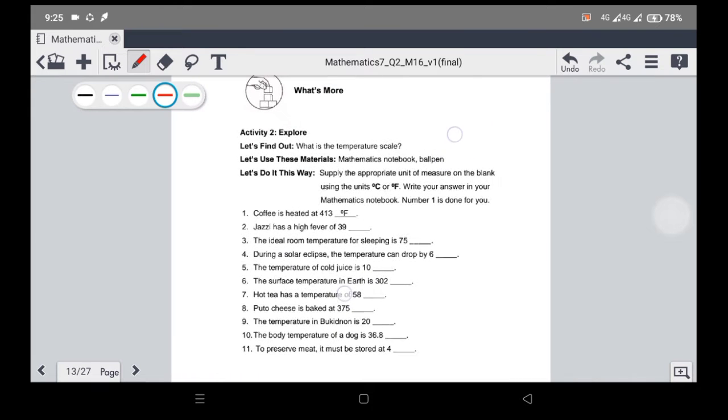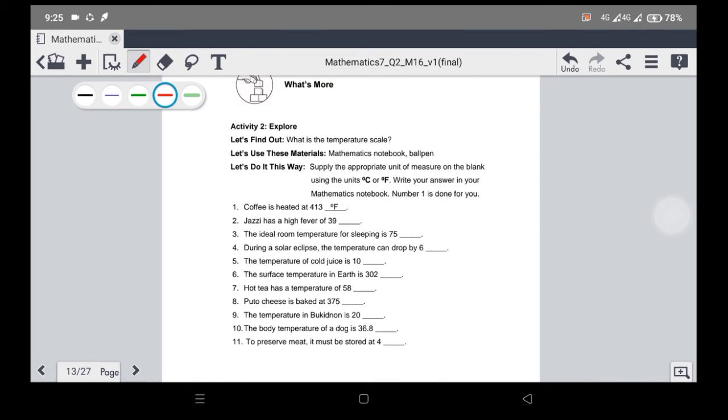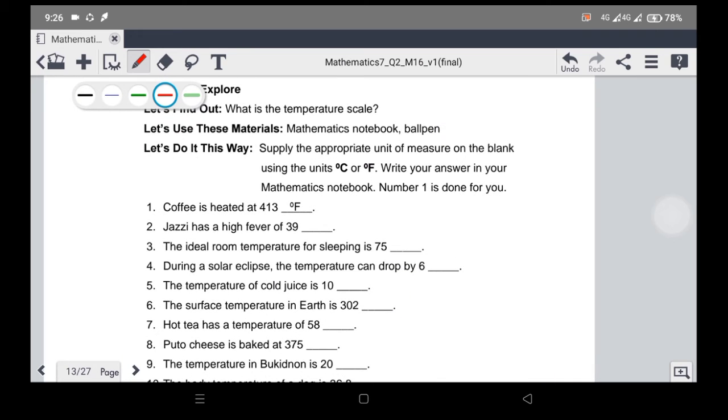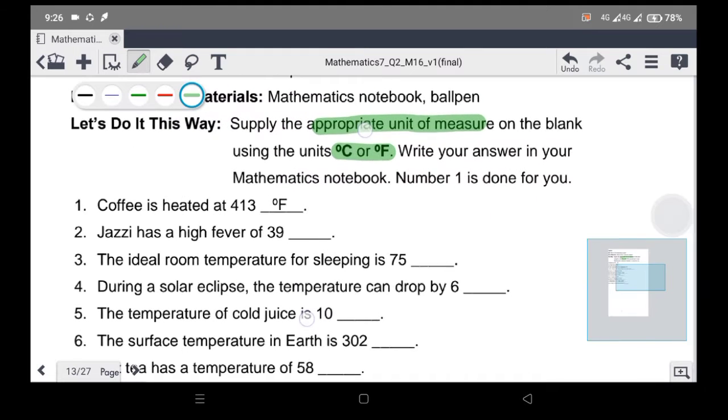We have here what's more. In this activity, we will put an appropriate unit of measurement for each. It's either degree Celsius or degree Fahrenheit. Let's start by answering number 1. Number 1 is done for us.